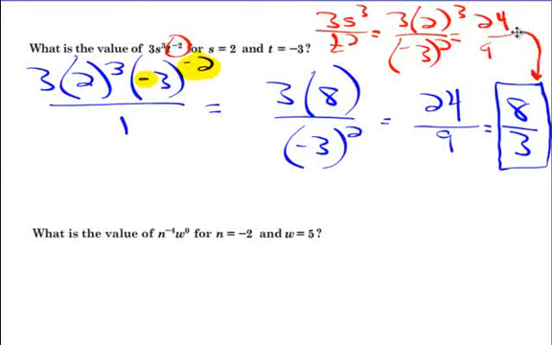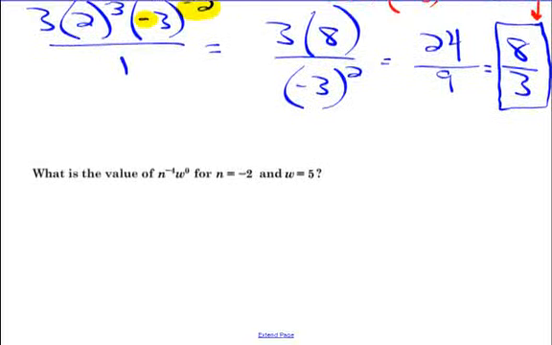So it doesn't matter. Some folks don't want to see negative signs and negative signs. If we can fix this numerator, where we can fix this negative exponent, then we want to do that first. Other people are okay with it. So either way you want to try it, let's jump into the next one.